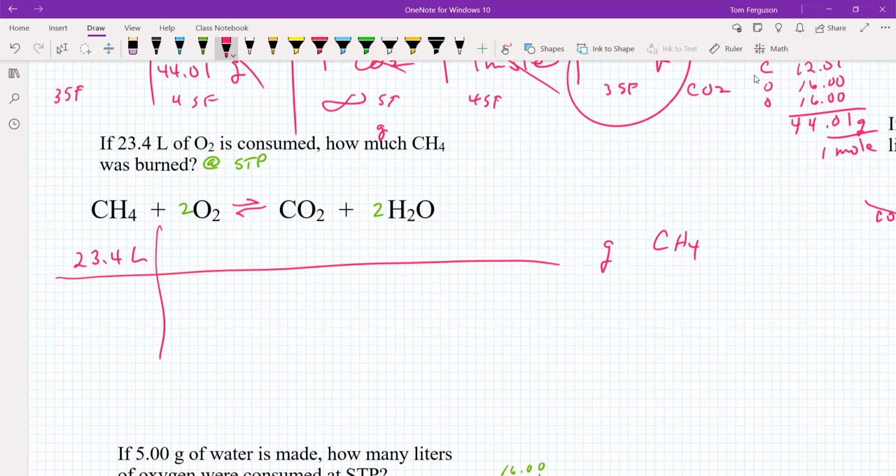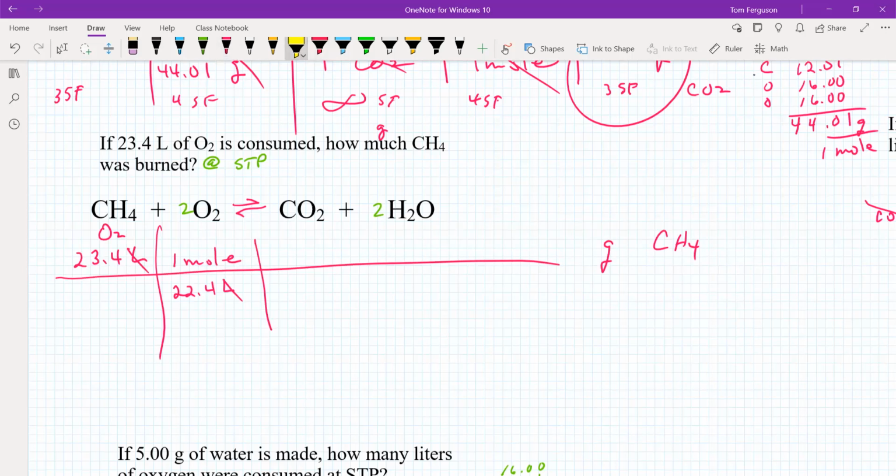Okay, so we need to go from liters to moles. Now we have moles of oxygen. Now comes the ratio from the balanced equation.